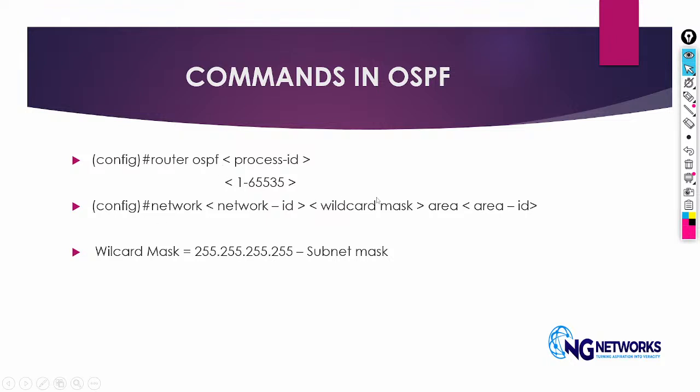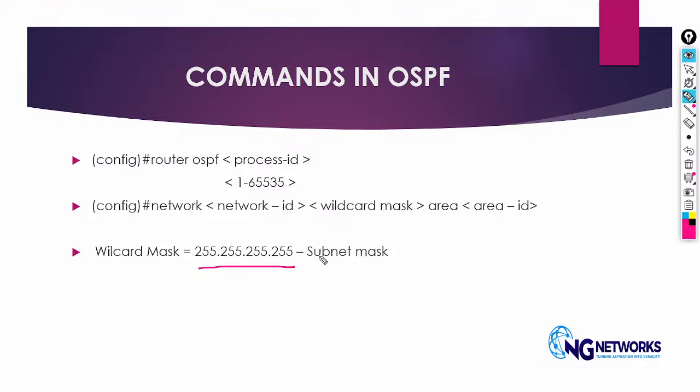Then a network ID, wildcard mask, area, and area ID. The wildcard mask is nothing but the opposite of the subnet mask. If the subnet mask is 255.255.255.0, then the wildcard mask will be 0.0.0.255. This is the opposite one. Here you can also see the wildcard mask calculation.